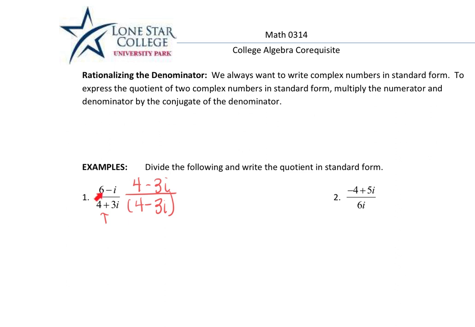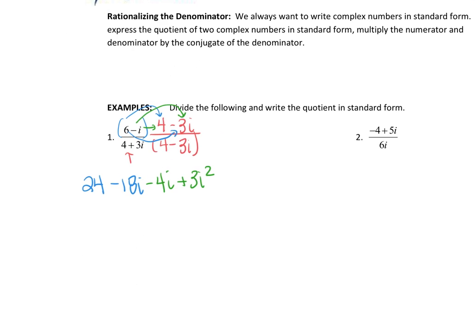We're going to multiply the top using FOIL first. 6 times 4. 6 times negative 3i. Negative i times 4. Negative i times the negative 3i is a positive 3i squared. So if we clean this up, remember, we can combine the i terms together.